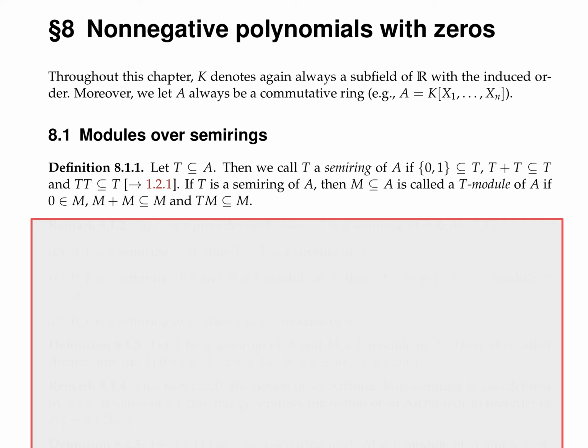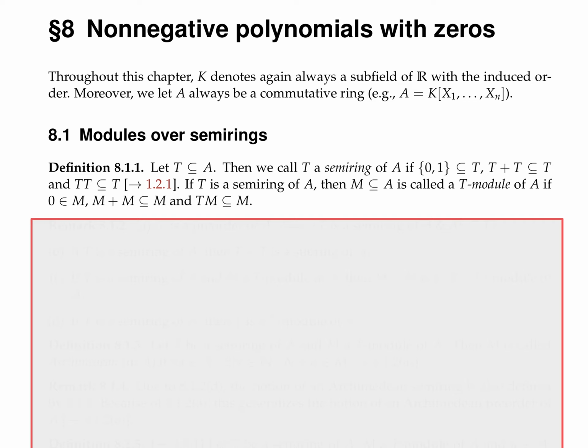You know what a module is, it's kind of like a vector space over a commutative ring, right? But here we have a semiring in a given commutative ring. And M is a subset containing 0 and being closed under addition and being closed under multiplication with T.